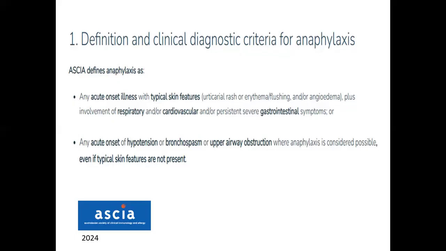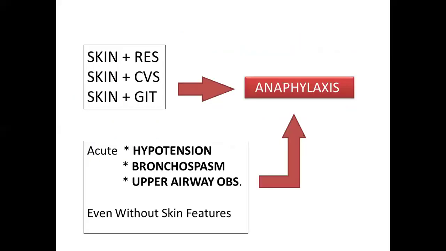So here is the summary of these things in a schematic diagram. The first part of the diagnosis is skin plus respiratory, skin plus CVS, skin plus GIT. You can take that as anaphylaxis.